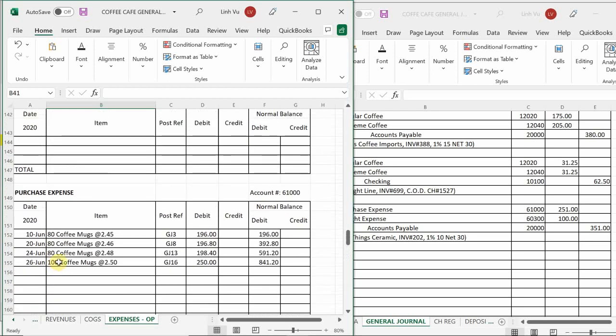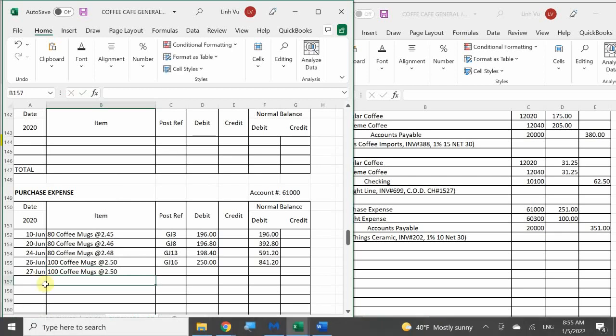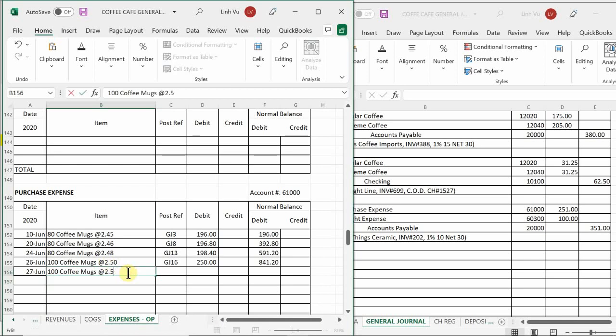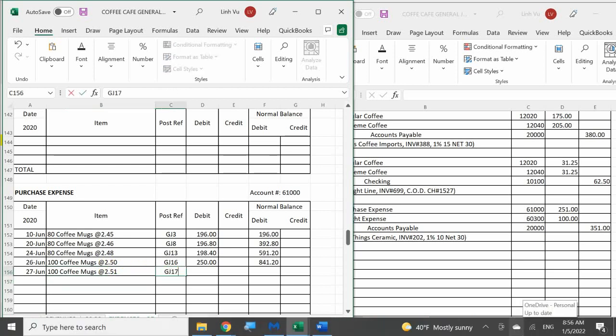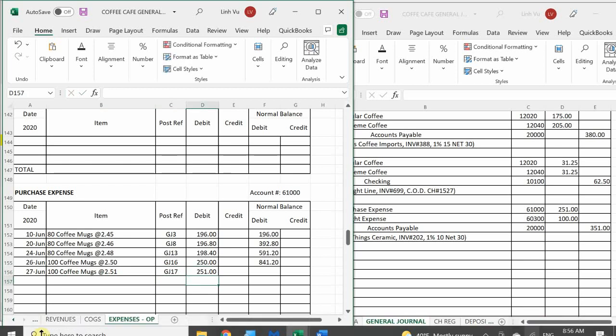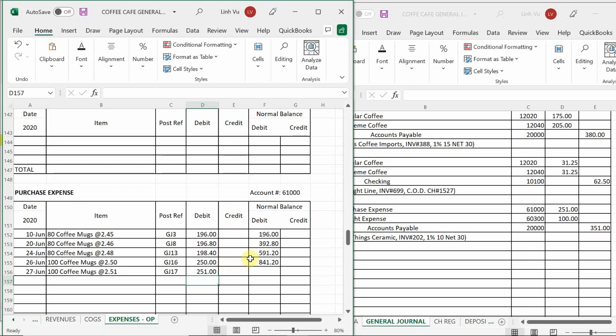Okay, purchase expense. For another $251.